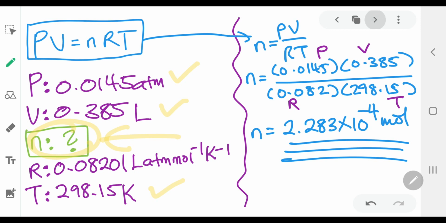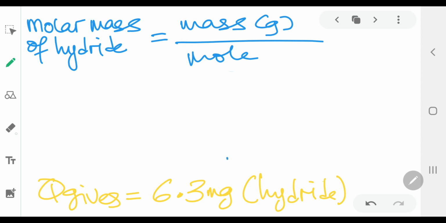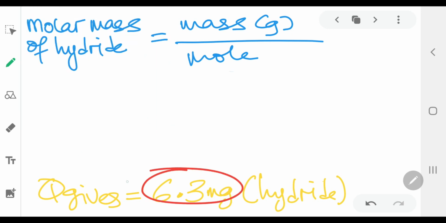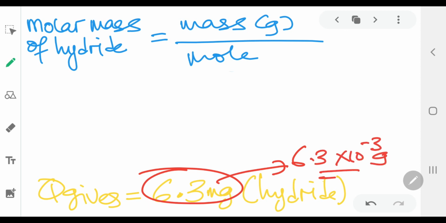And to find the molar mass, remember, given is this in milligrams. So when you convert that, you get 6.3 times 10 to the power of negative 3 grams.